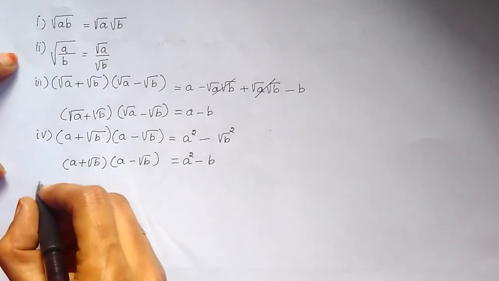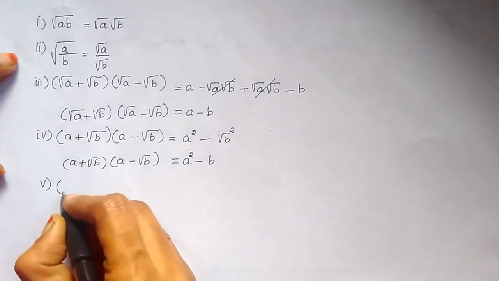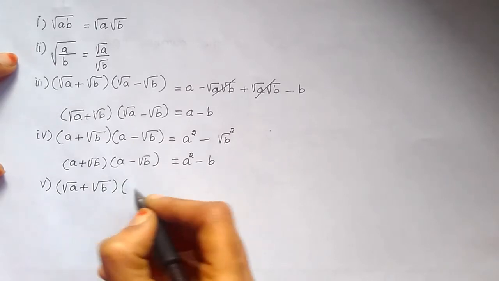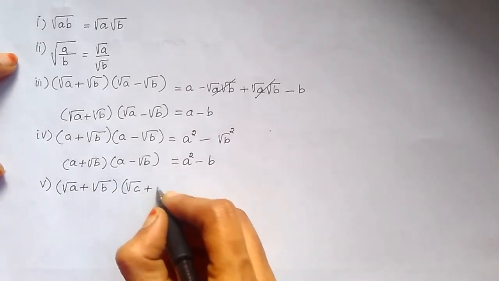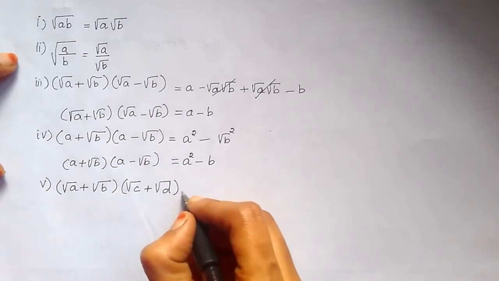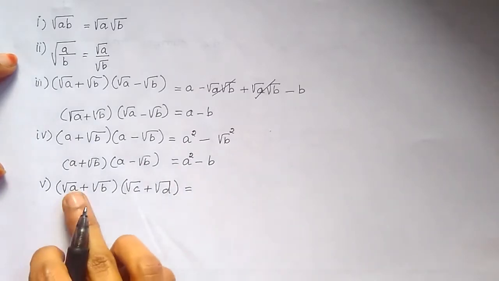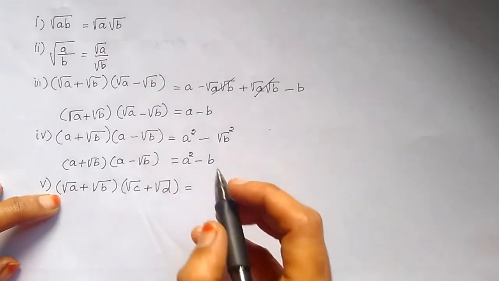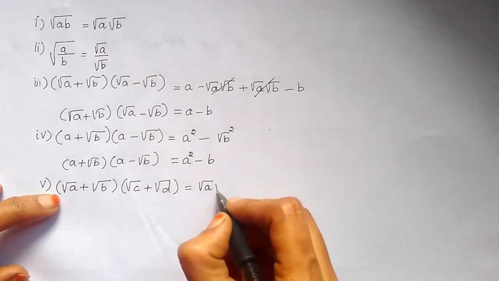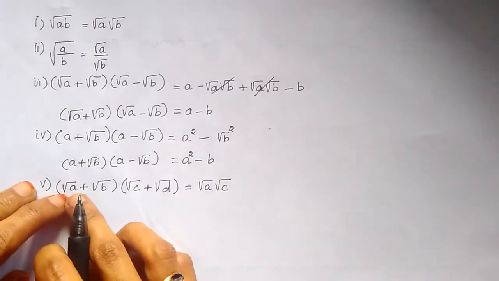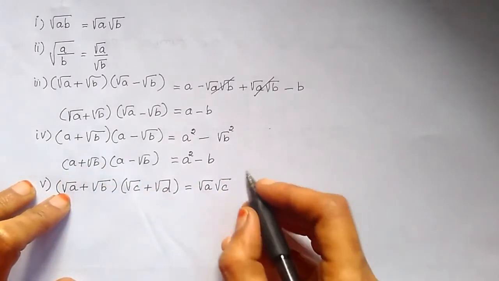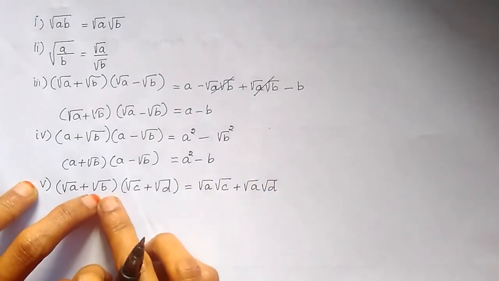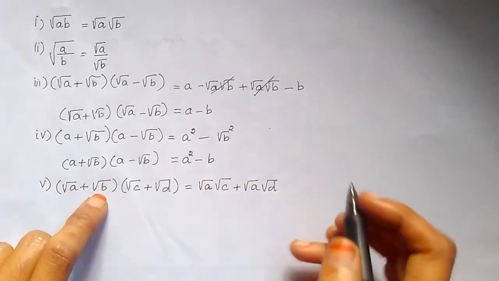Fifth one is root a plus root b into root c plus root d is equal to, multiply both the terms. First root a into root c. Next root a into root d. Next root b into root c.